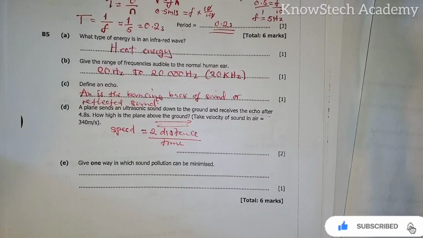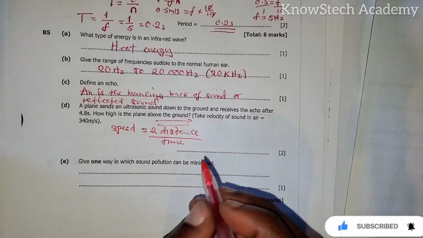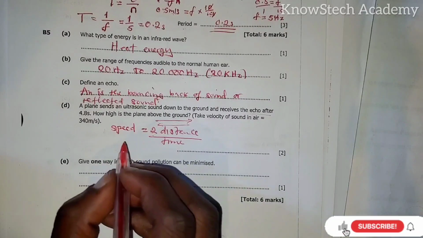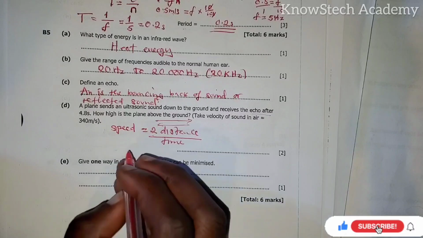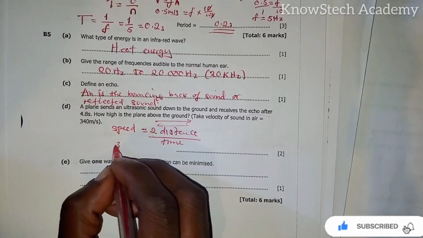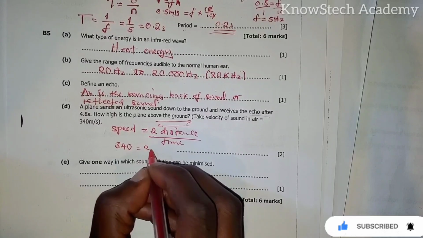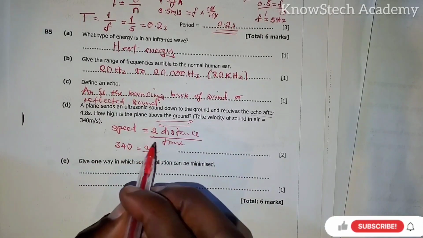We are given speed, so let's substitute what we are given. Speed we are given as 340. So 340 is equal to 2 times d for distance over time taken.